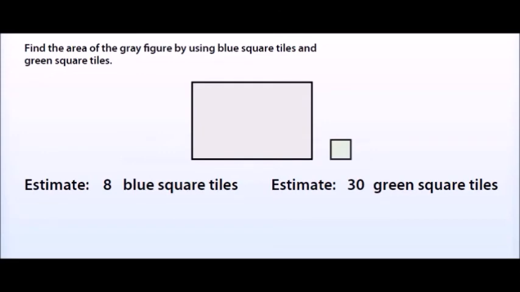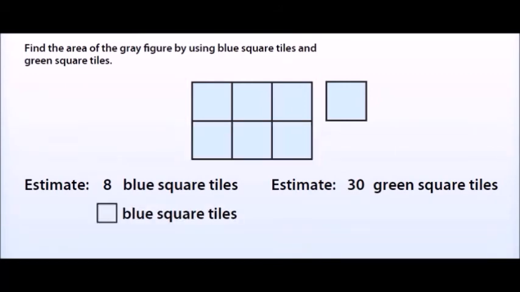First, let's cover the gray figure with blue square tiles. Let's start by placing 1 row of tiles along the top of the figure. Let's add another row of blue square tiles to the gray figure. The gray figure is now covered with blue square tiles.